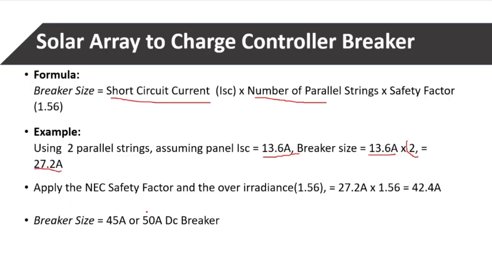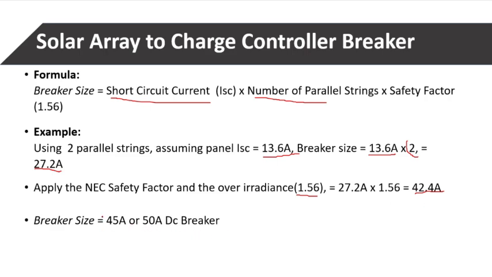Now if you apply the safety factor of 1.56, you multiply this 27.2 amps by 1.56, it will give you 42.4 amps. Now the breaker size we are using between our solar panels for this particular example will be a 45 or 50 amps DC breaker.